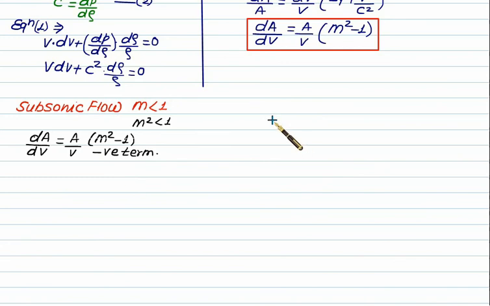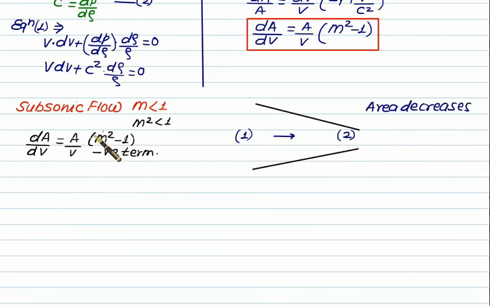So let's consider here a convergent nozzle. In this case the flow is taking place from section 1 to section 2. Our observation is that area decreases. Now remember, the right hand side term is negative, because area and velocity are always positive terms. So on the left hand side we are getting negative, and we know that the area is decreasing, so dA is a negative term.